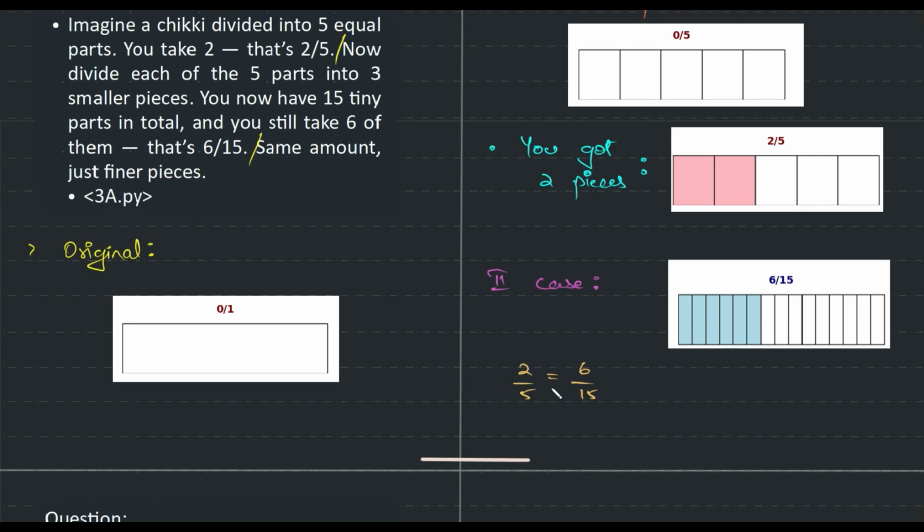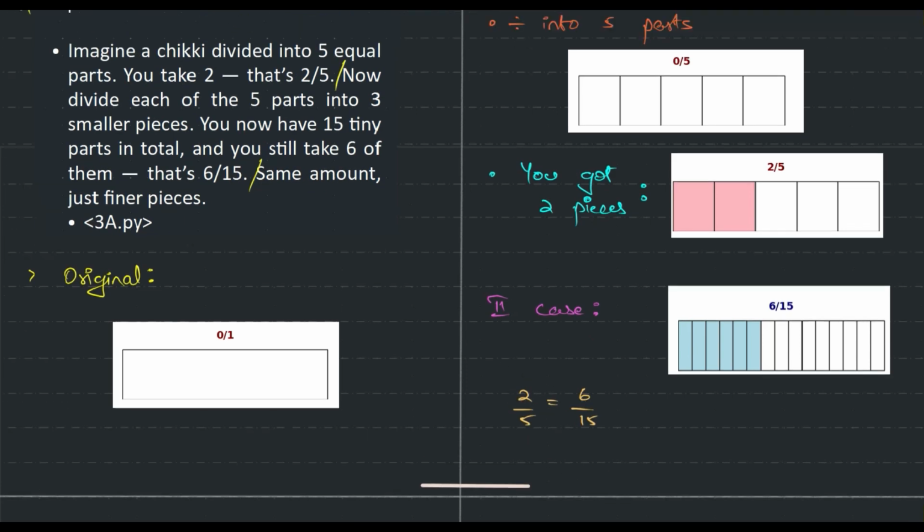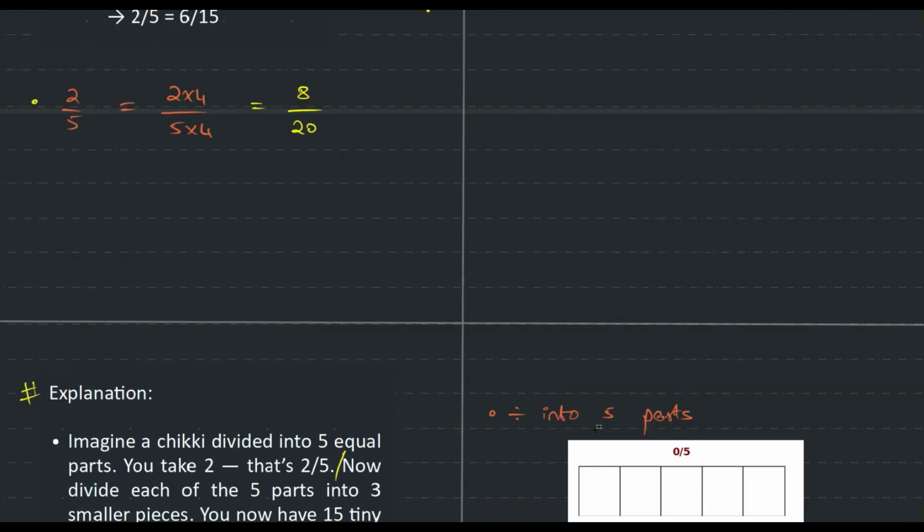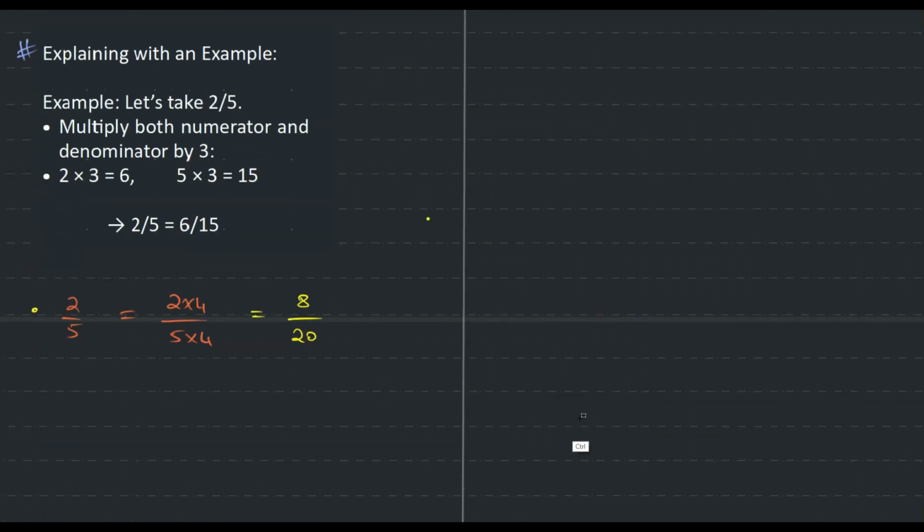Let me actually write a few more things over here. 2 by 5, we happen to see that it is equal to 6 by 15. How?